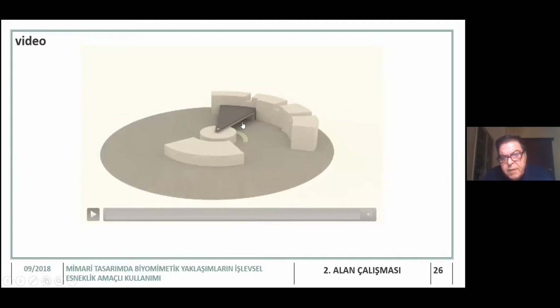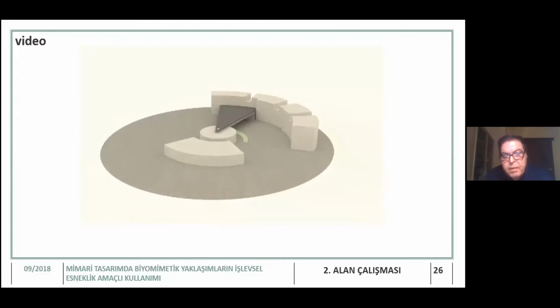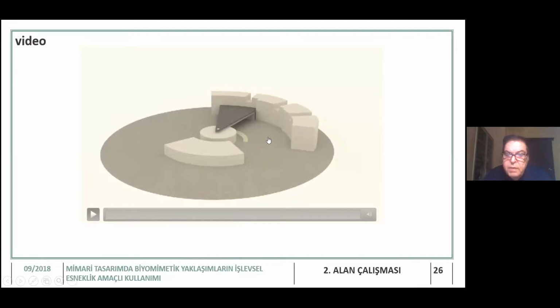In summer times it is opening, and in winter times it is closing. And if necessary, in disaster time, some victims or immigrants can use this building as a shelter, or this inner court can be used as an emergency hospital.